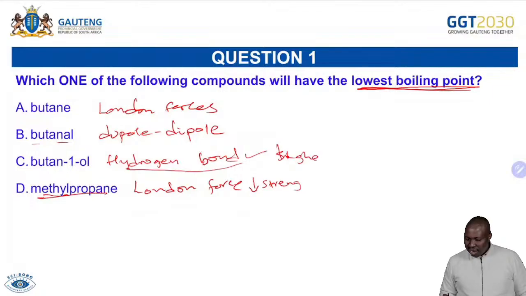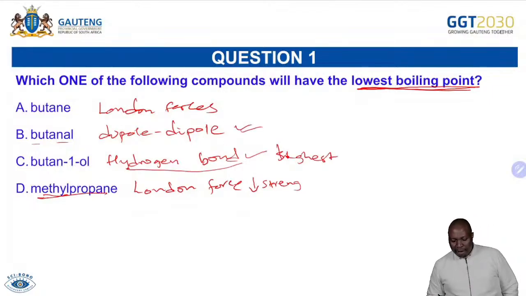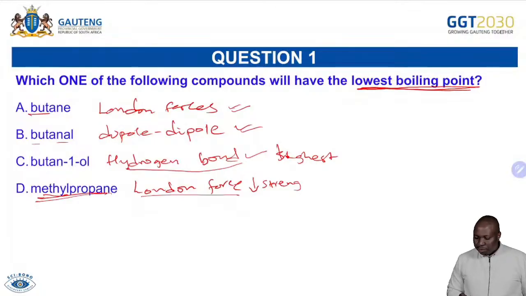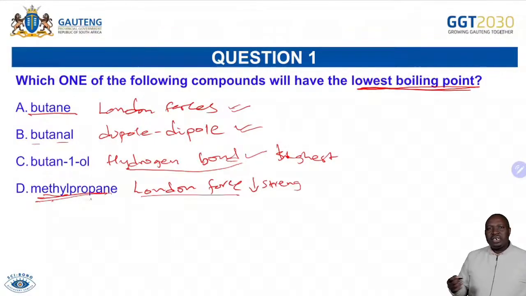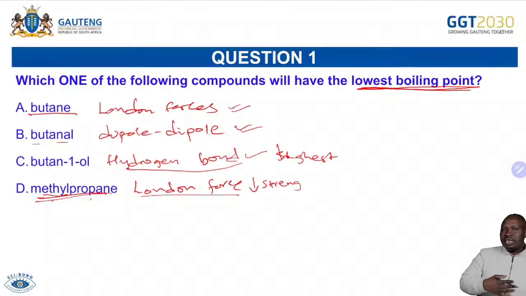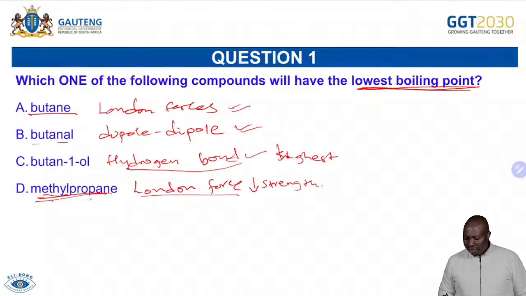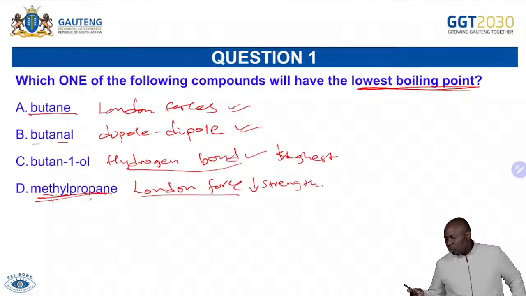It will have the highest, followed by the aldehyde with dipole, followed by London forces, and the lowest will be methyl propane, because it has London forces same as butane, but methyl propane has a branch. When you increase the number of branches, you are further decreasing the strength of intermolecular force. So definitely it will have the lowest strength of intermolecular force.